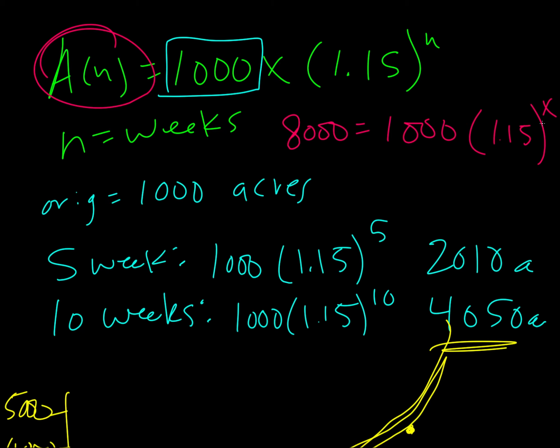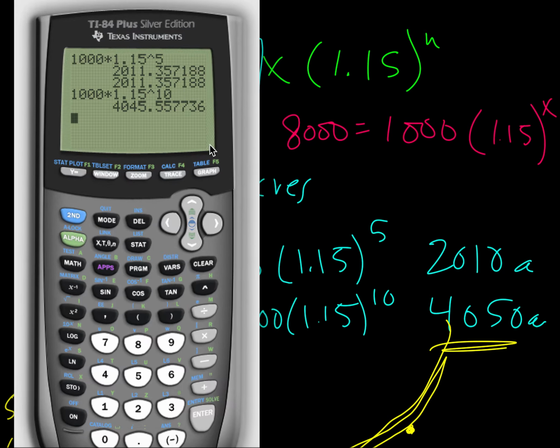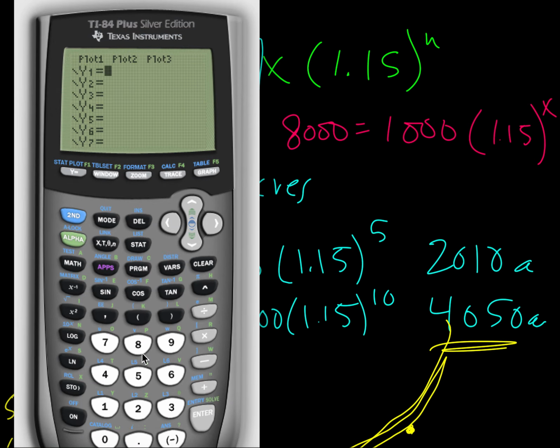Okay, like on the previous video, the easiest way to do this with technology is just graph both sides. And so I'm going to do 8,000, and then I'm going to do 1,000 times 1.15 raised to the x. We graph it.